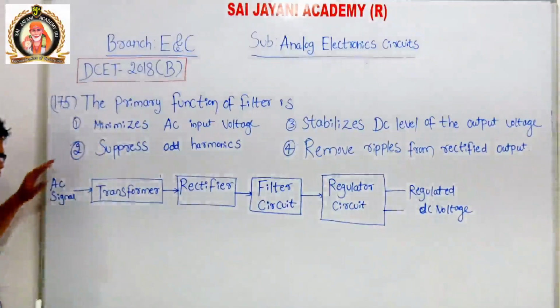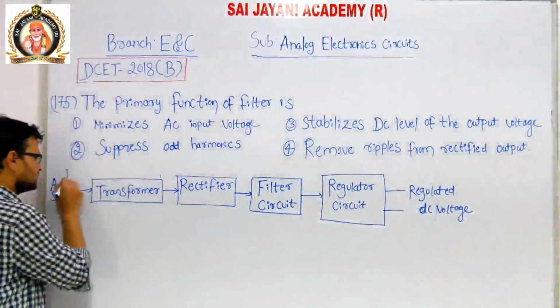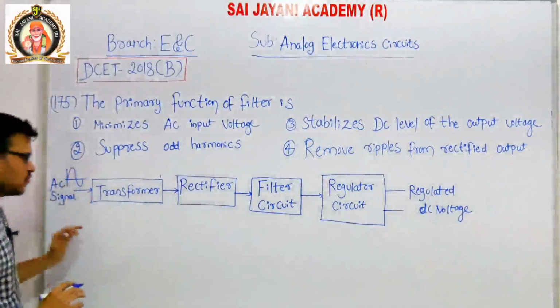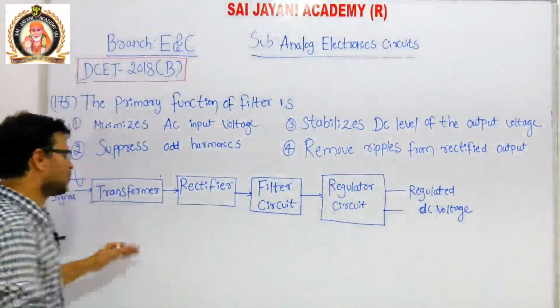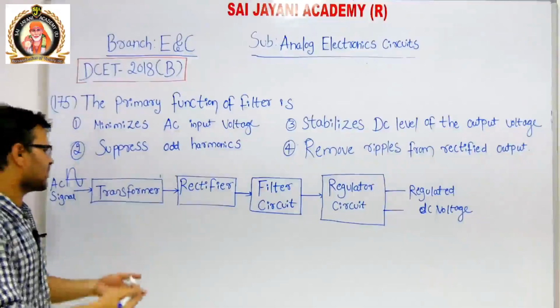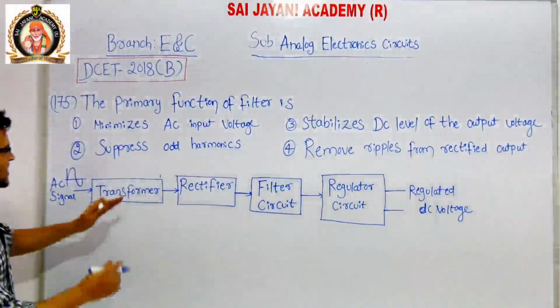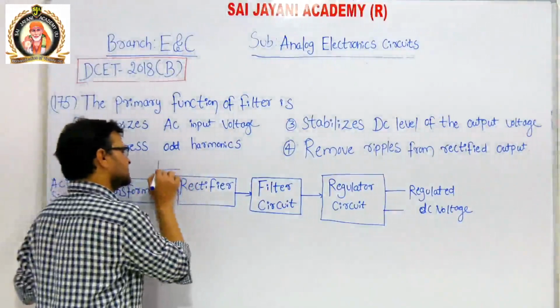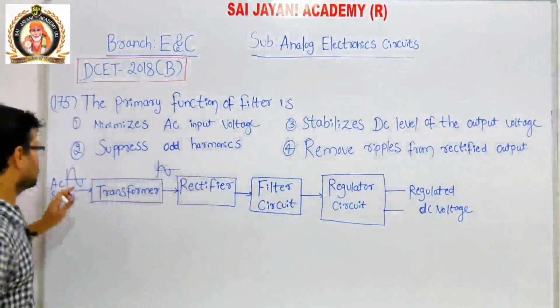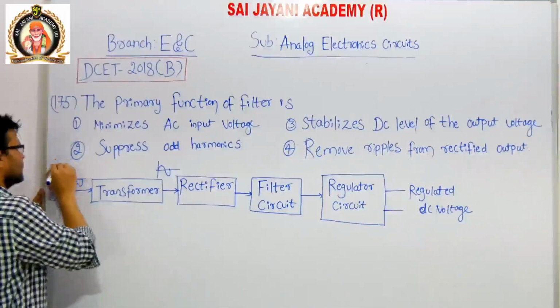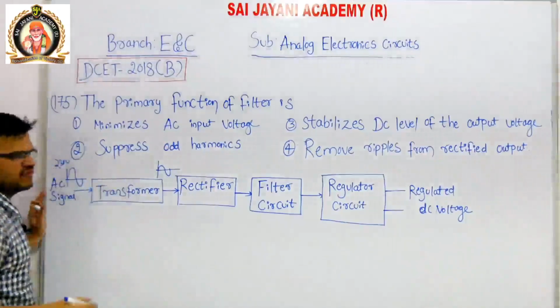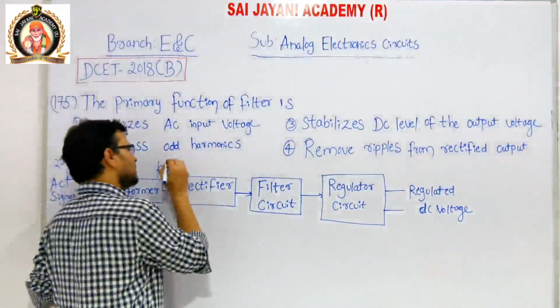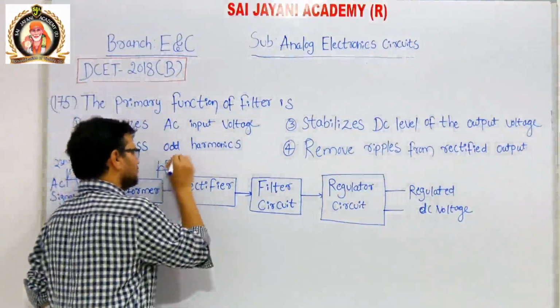When you are giving an AC signal of 230 volt, the transformer will step up or step down the AC voltage, but here we are using a step down transformer, so it steps down the AC voltage. Suppose you are giving 230 volt of AC signal, here you may get 100 or 50 volt.